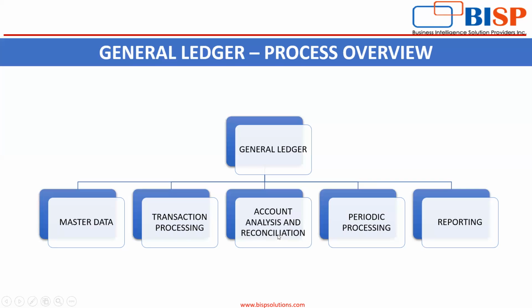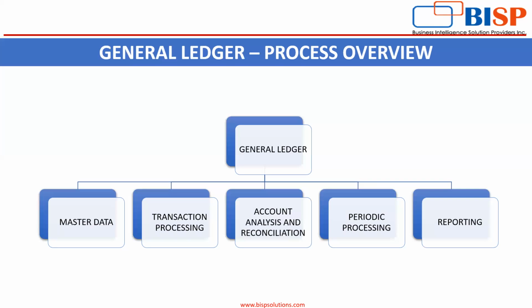Then there are also some month or periodic closing activities that have to take place, which are called periodic processing. Then all this data is presented in the form of reporting that we see in the form of financial statements.